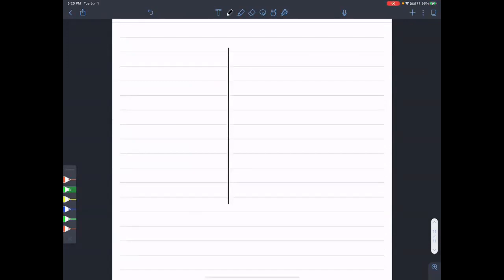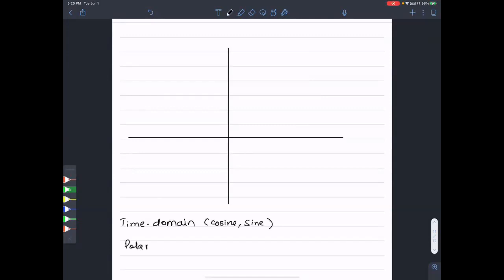Okay, I have about 15 minutes of time. So I'm going to talk a little bit about the relationship between the three forms: the time domain, okay, which is mostly in the cosine form, trigonometric form, okay, the polar form, and the rectangular form, okay.